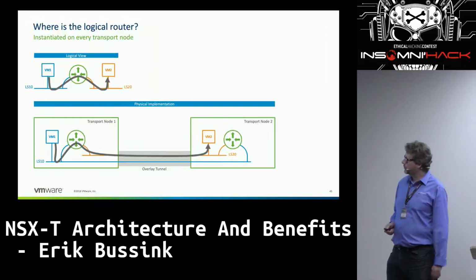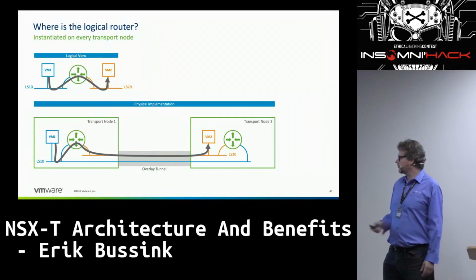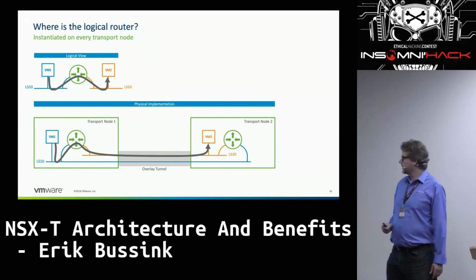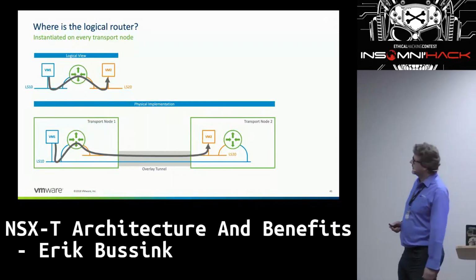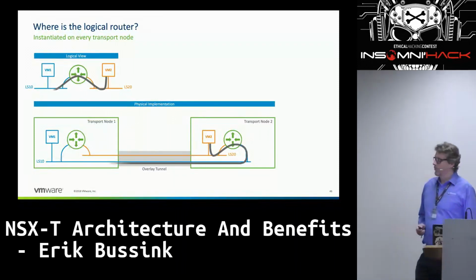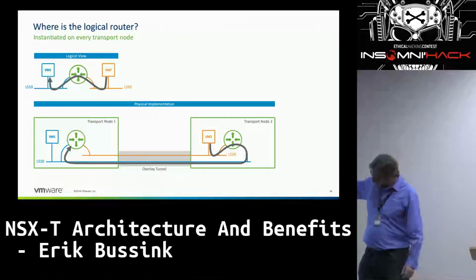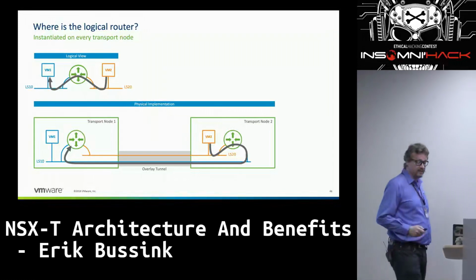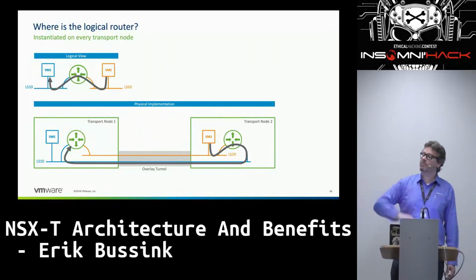Traffic will come out from VM1, will be routed, put into the transport tunnel for the logical switch, and distributed on the other side. Traffic flow coming back, yes, there's an error. The traffic doesn't go back to the router. It goes to the VM1. It is done the other way around. So this is an asymmetrical routing.